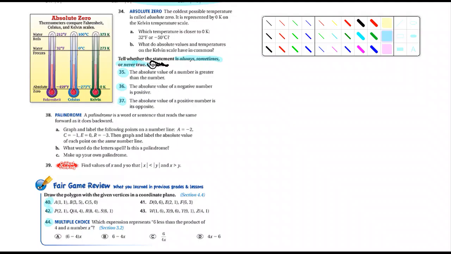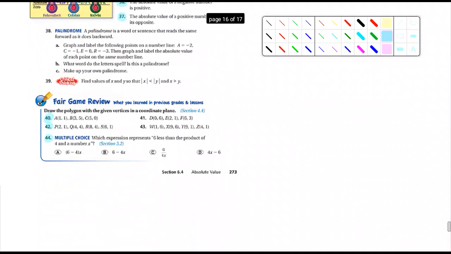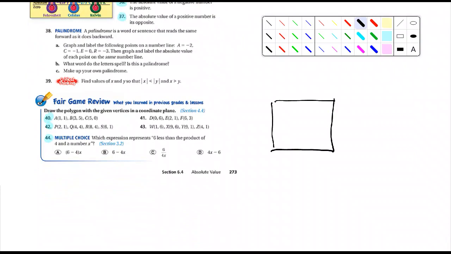Excuse me, for 40 and 42, if you can do it neatly, you could just draw your own graph and then mark the point.